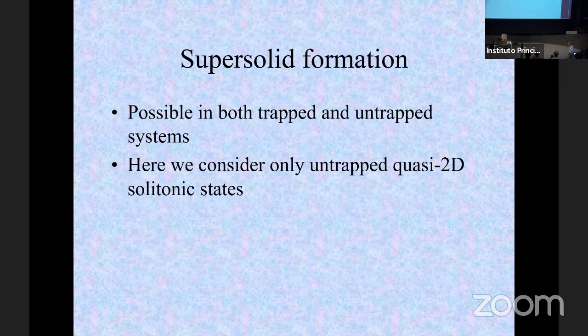Supersolid formation is possible in both trapped and untrapped systems. About the theoretical foundation, I forgot to tell you about the supersolid dipolar system.